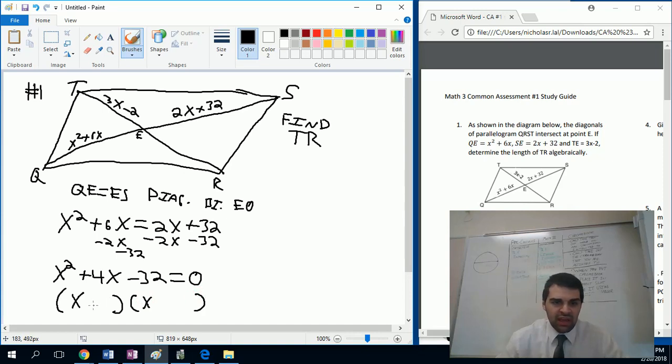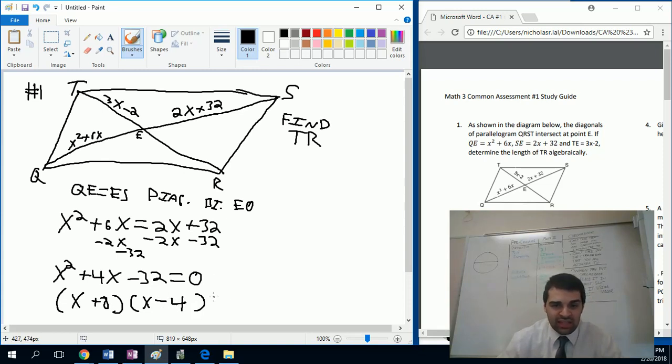So that's going to be x plus 8 and x minus 4. 8 minus 4 equals 4, and 8 times negative 4 is equal to negative 32. This is a review on factoring, so I'd suggest going to Khan Academy for factoring review if this step is a little bit hard for you.